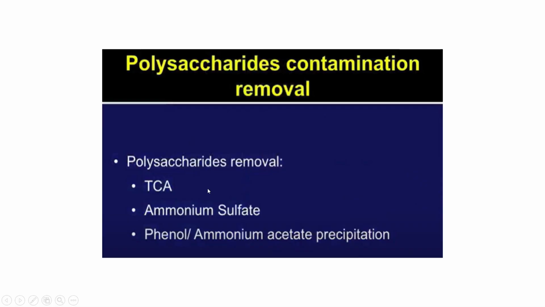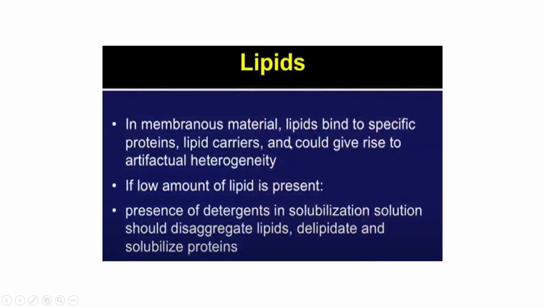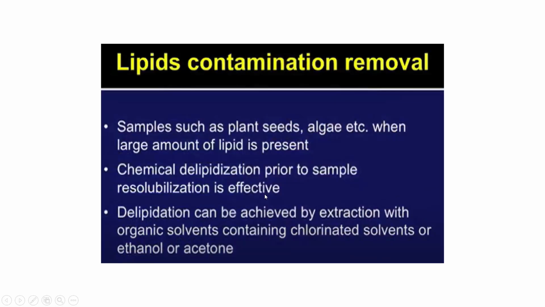If lipids are present in the sample, a low amount is generally fine. But in the presence of detergents, like in the solubilization step we dealt with first in sample preparation, lipids should disintegrate and the protein solubilize, so these disintegrated lipids are automatically removed from the sample.